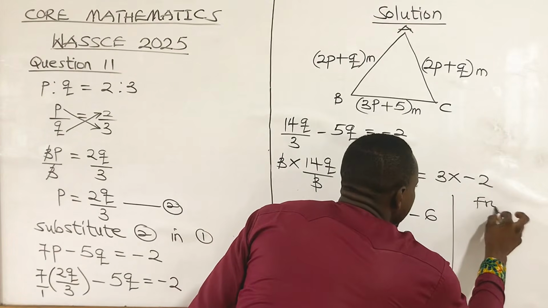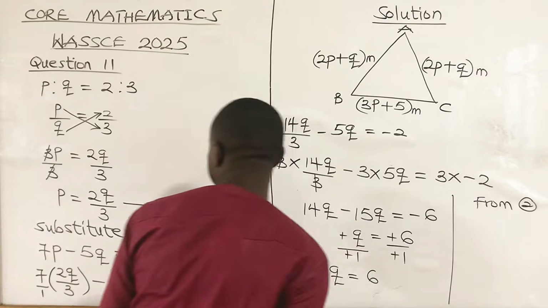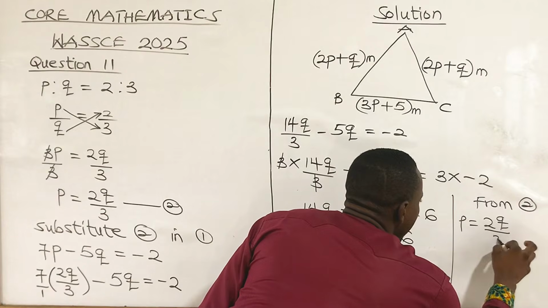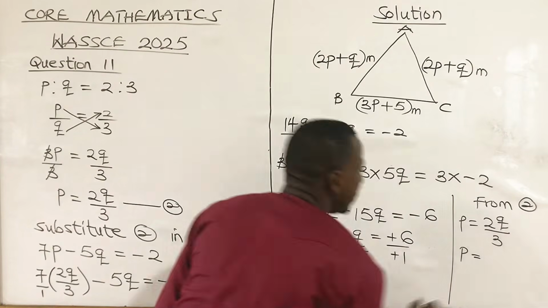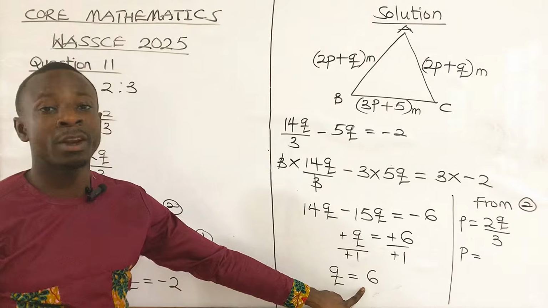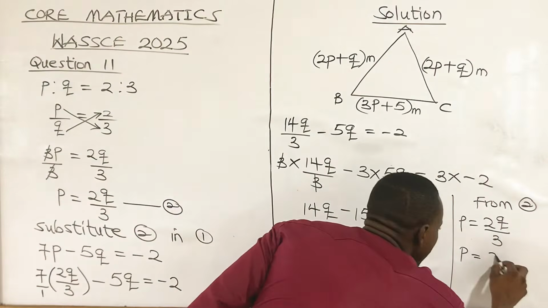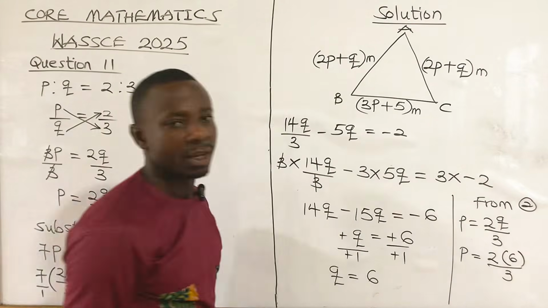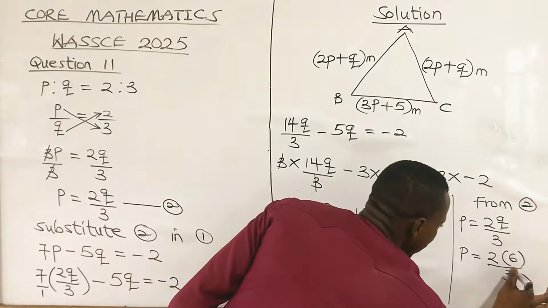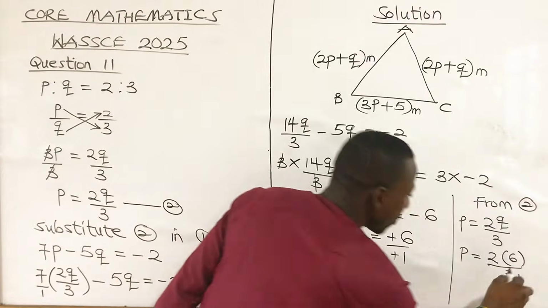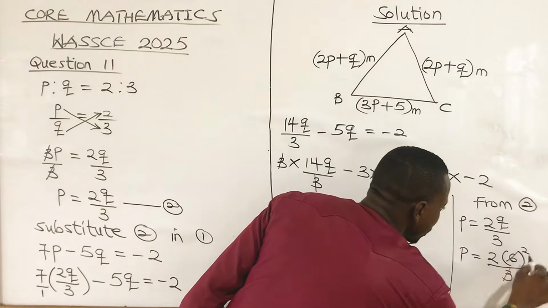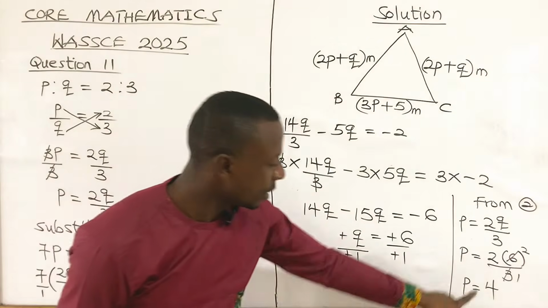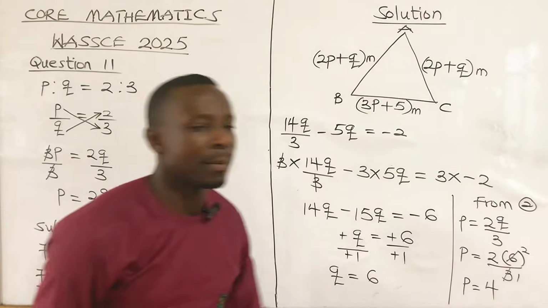So p is equal to 2 multiplying 6 over 3. Here 3 goes into 6 two times, so I have p to be 4, because 2 times 2 gives 4.